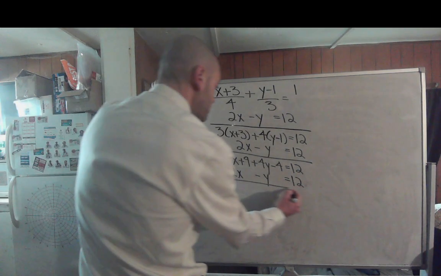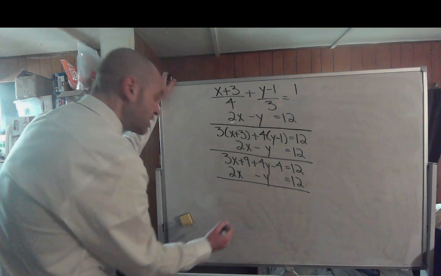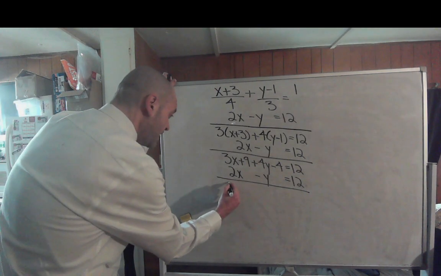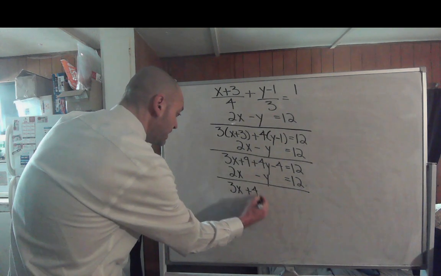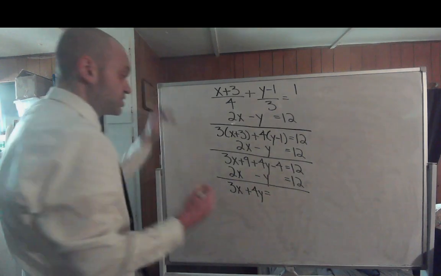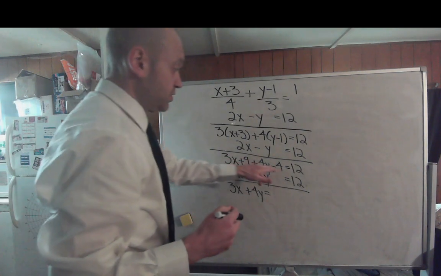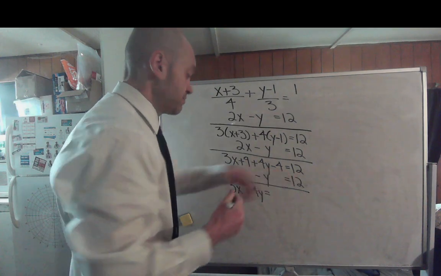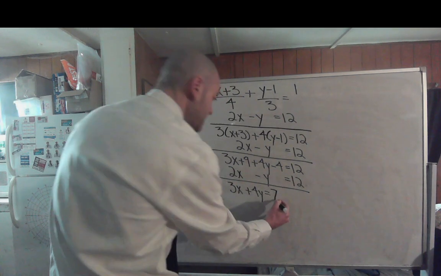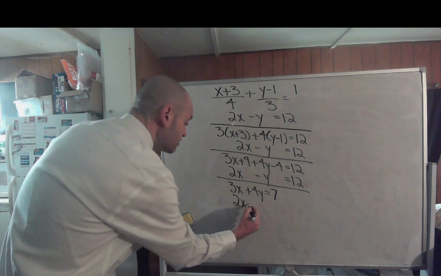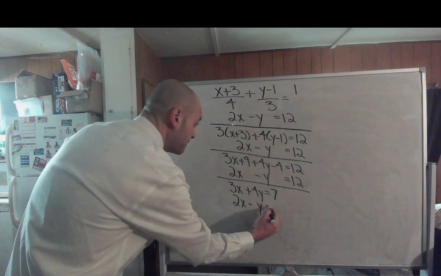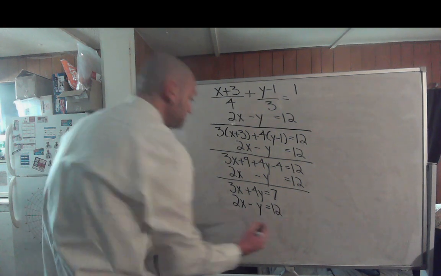Simplify the top equation one more time. You would have 3x plus 4y is equal to 9 minus 4 is 5. You subtract that 5 from 12, you get 7. So 3x plus 4y equals 7. Then you have 2x minus y equals 12.